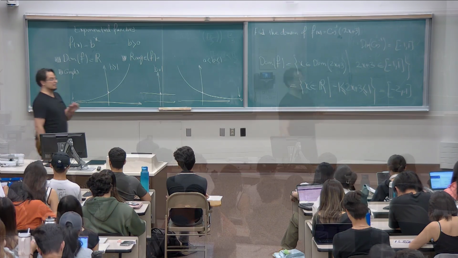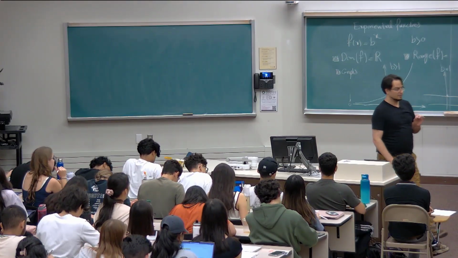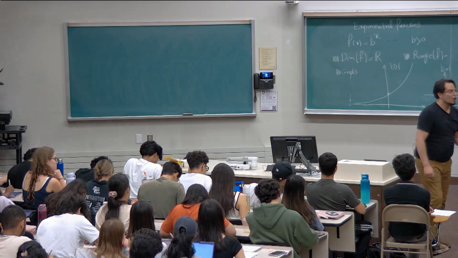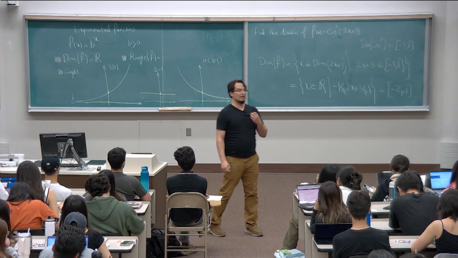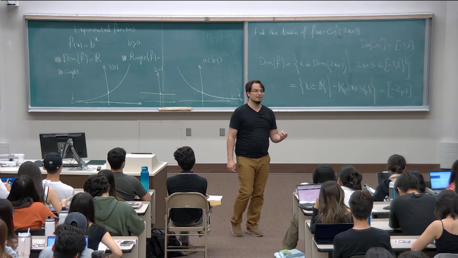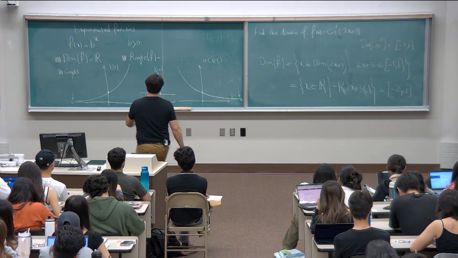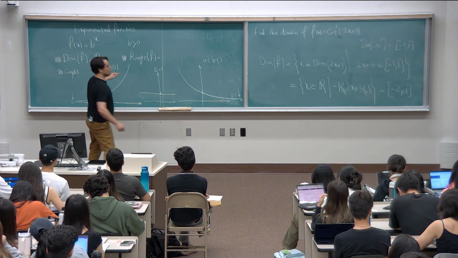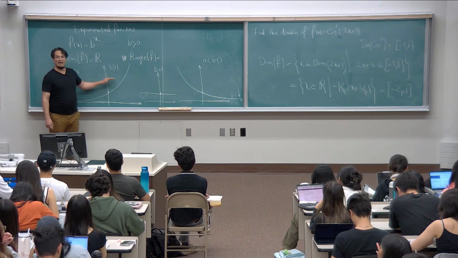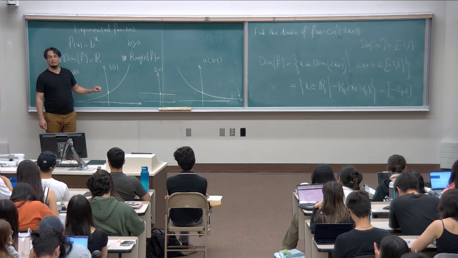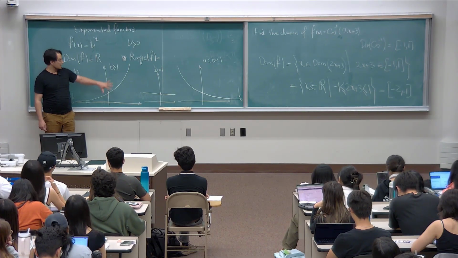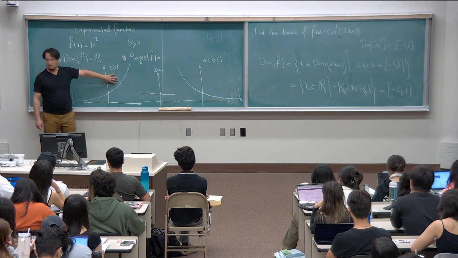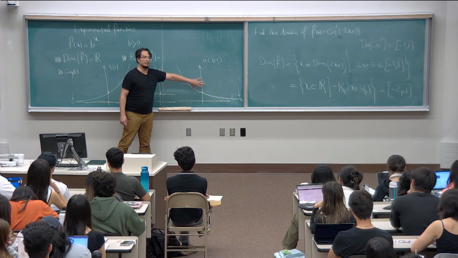We are interested in exponential functions that are not trivial. Or I can say when they have an inverse. In particular, that means that we are interested only in the cases where we have one-to-one functions. This is one-to-one. This is one-to-one.